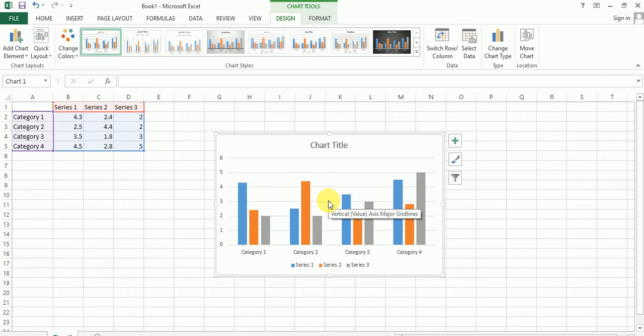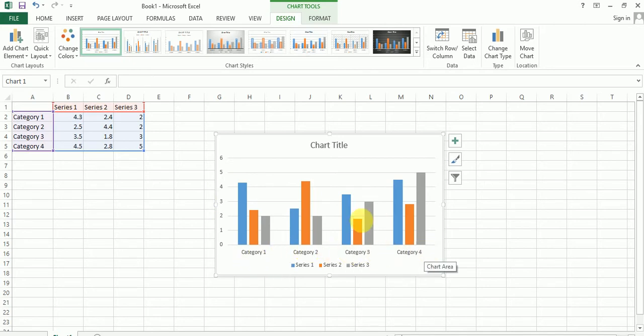They help in understanding what is being depicted on the axis. So: chart area, chart title, data series, grid lines, vertical axis, horizontal axis, legend.